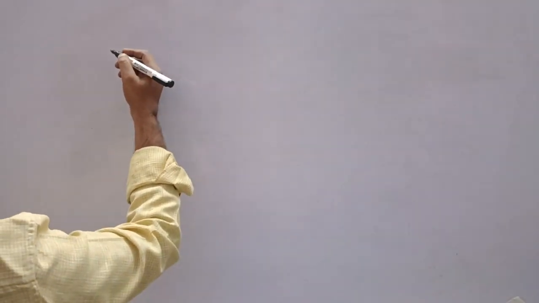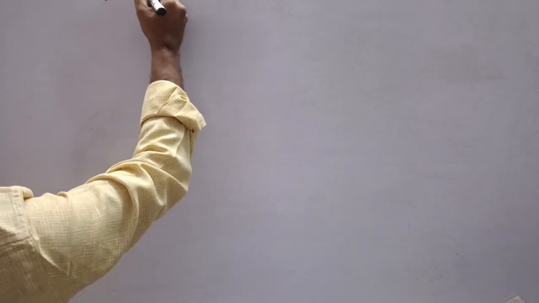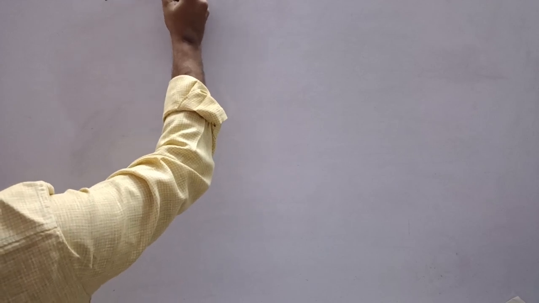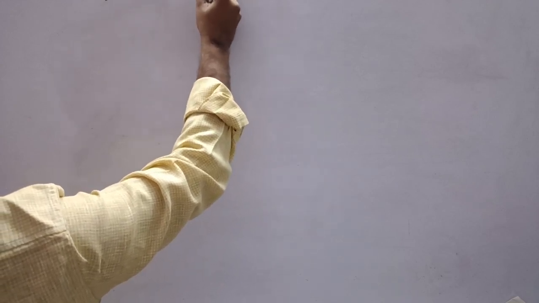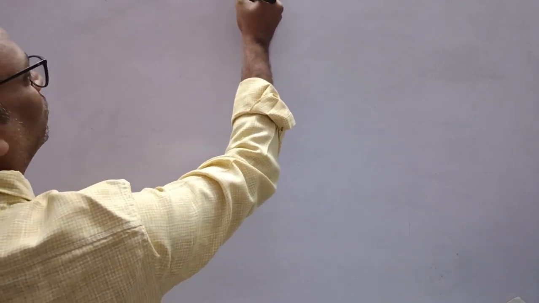Now the last example we will see in traffic signal design. We will design a 4-phase signal. The data is given like this: a 4-legged intersection and a 4-phase signal.